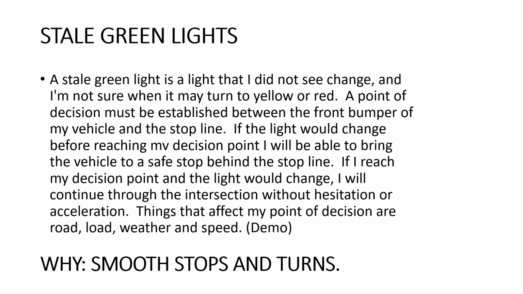If I reach my decision point and the light would change, I will continue through the intersection without hesitation or acceleration. Things that affect my point of decision are road, load, weather, and speed. Why? Smooth stops and turns.